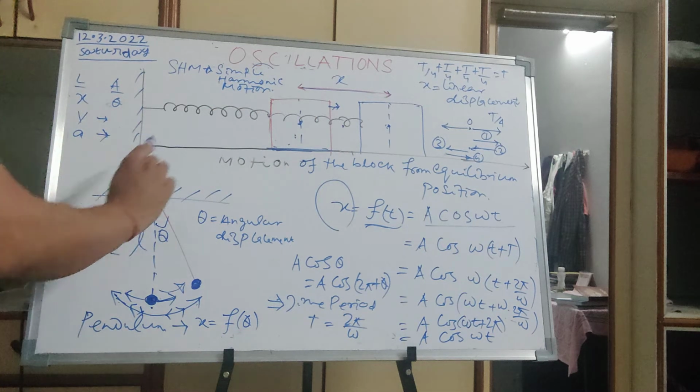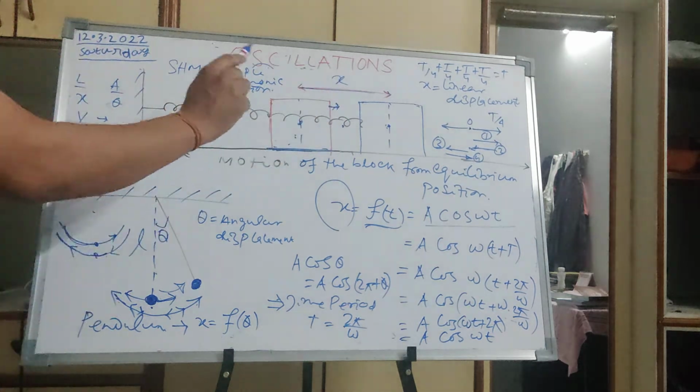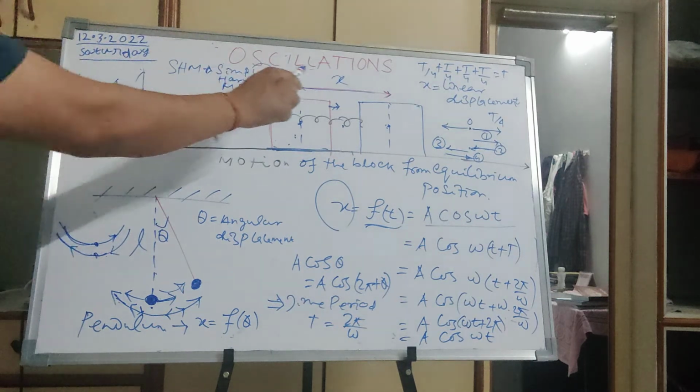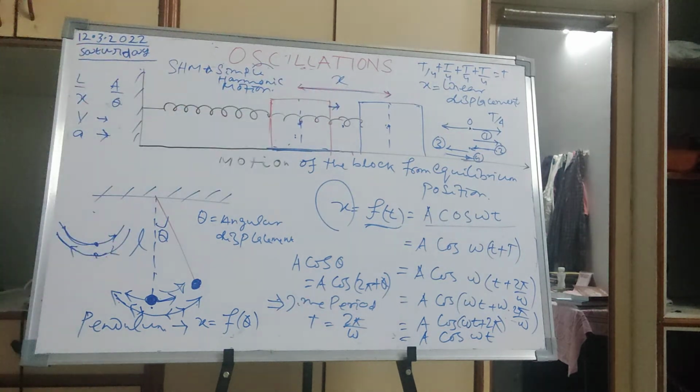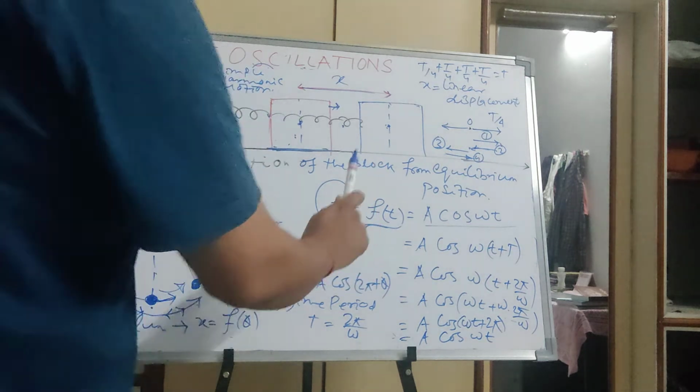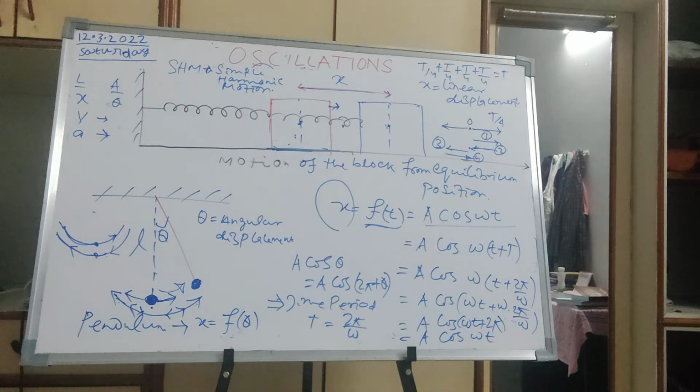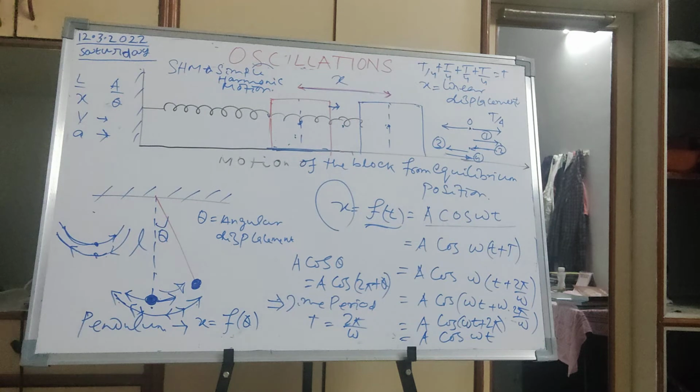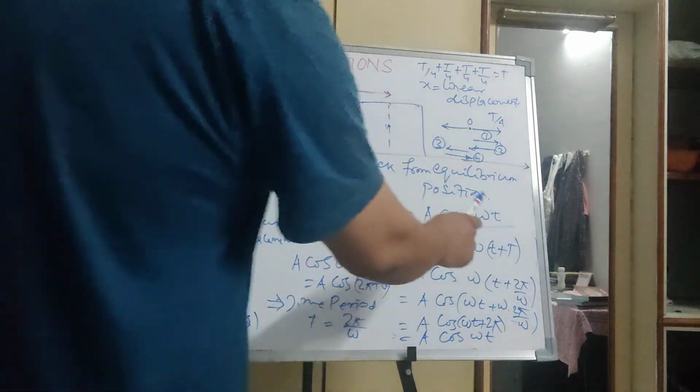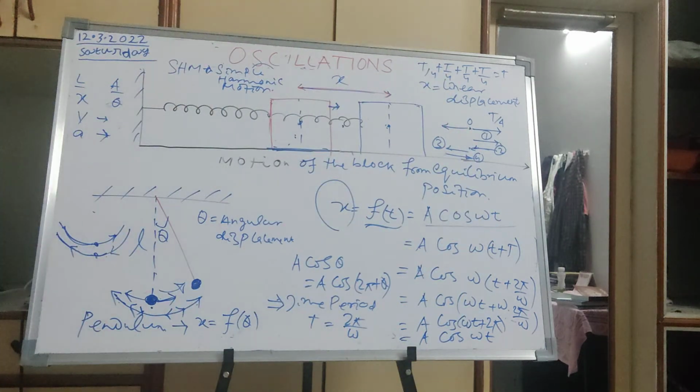This x is defined this way for simple harmonic motion of a spring mass system. The displacement is a function of time. It becomes simple harmonic if it is a cosine or sine function; that I will explain. So x = A cos omega t.